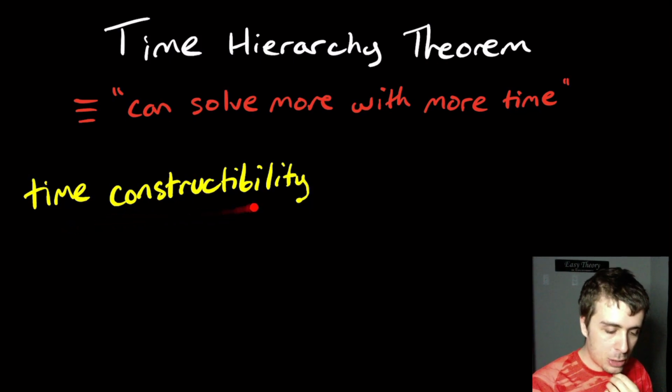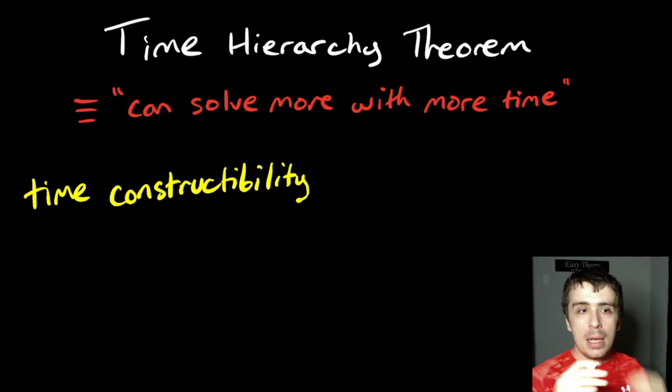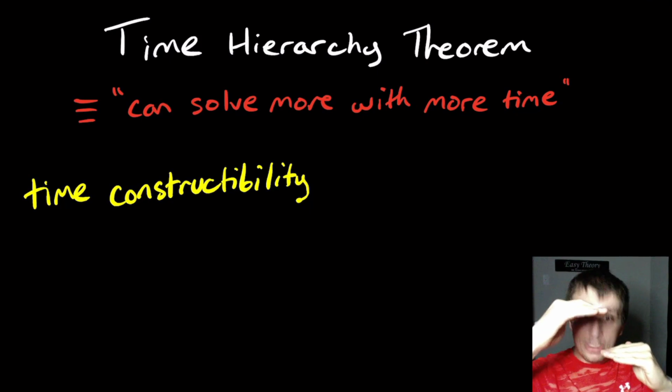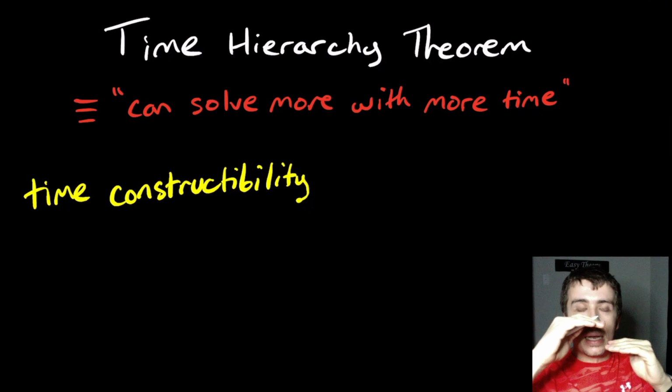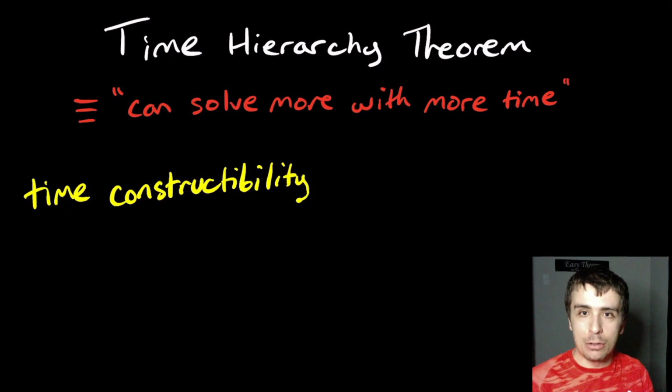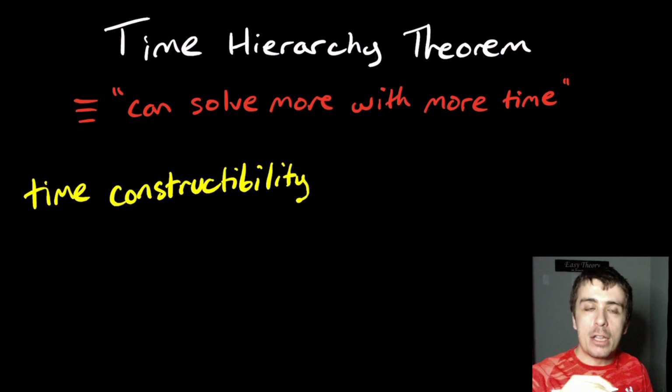So time constructibility helps us in that we got to make sure that it actually does run in the bigger runtime. And to do that, we need to update a counter every time we take a transition. So because we want to be different from every other machine, we can't infer what their behavior is.